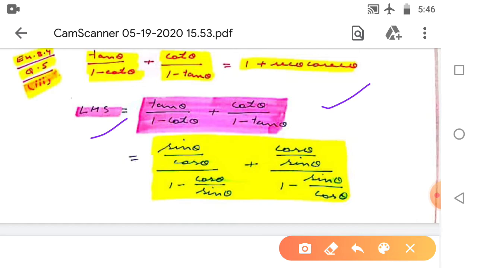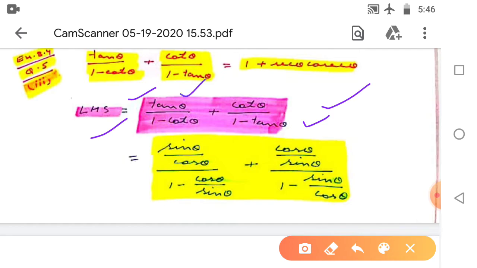In LHS, we are not able to apply any trigonometry identity directly. Okay. The next option is either we convert this cot theta into tan theta or this tan theta into cot theta and then we move further, or the next option is to go to the basic. Basic means in terms of sin theta and cos theta.